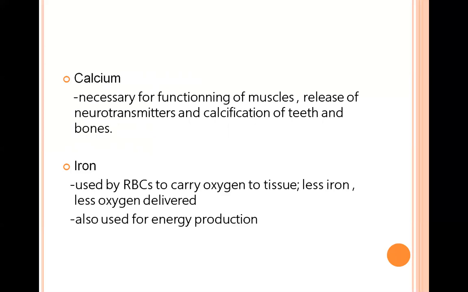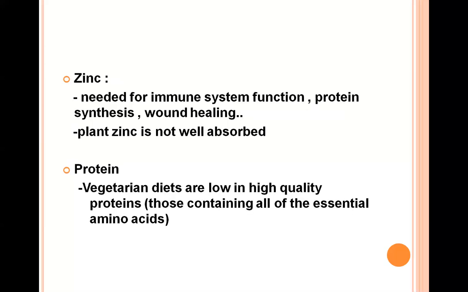So iron: red blood cells, meaning oxygen transmission, or simply the oxygenation of the tissues. So there is a risk of anemia. Going next, what about zinc? Zinc is needed for immune system function, protein synthesis, and wound healing.